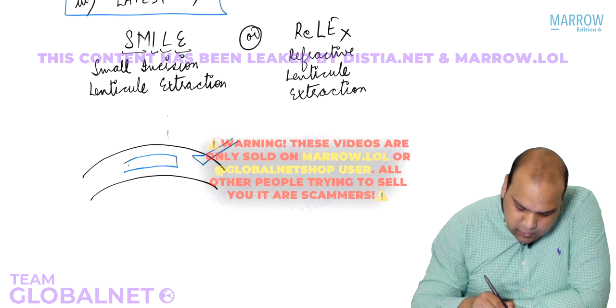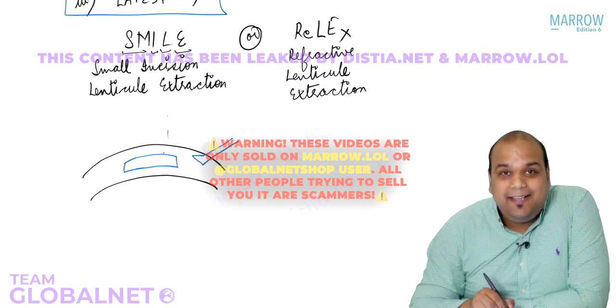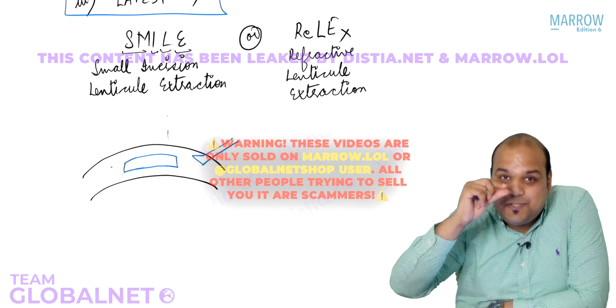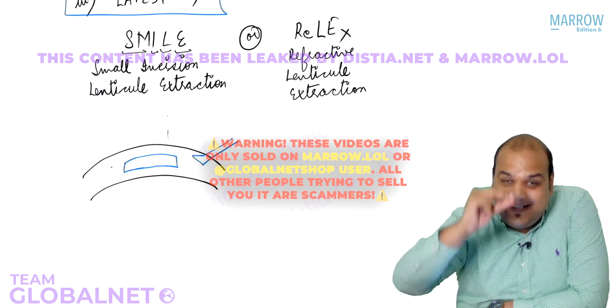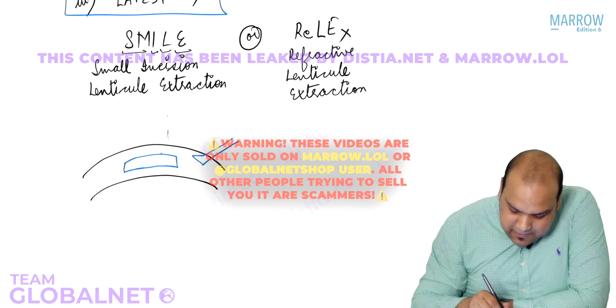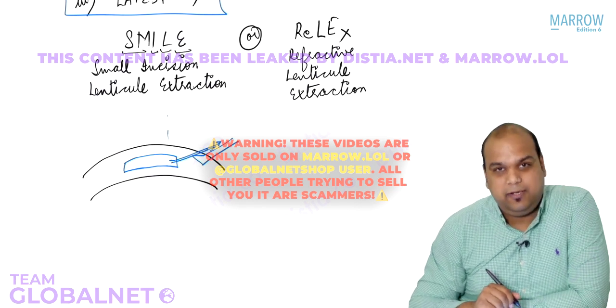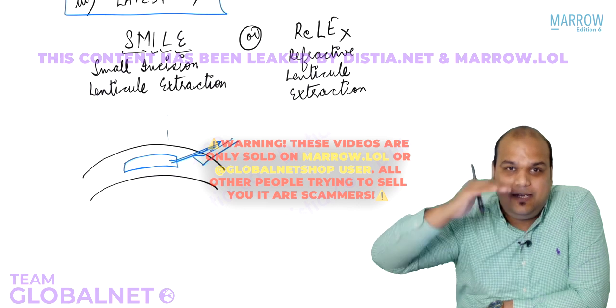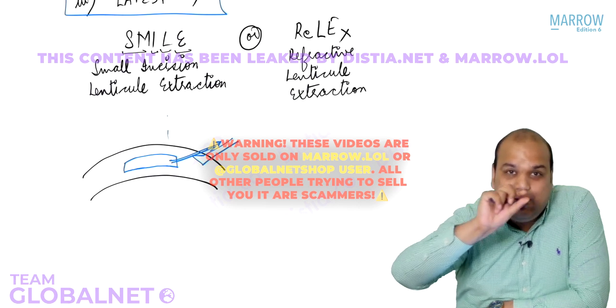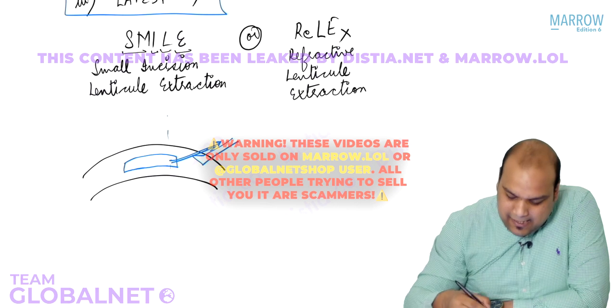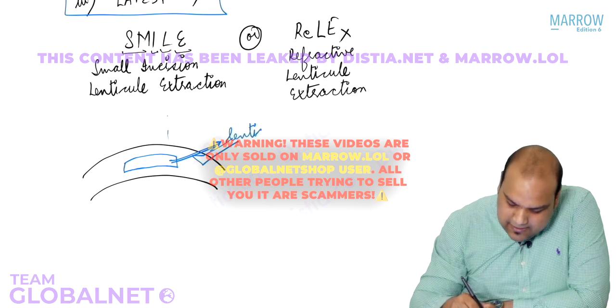I will join both these cuts. So what have I created? I have created a piece of stroma which I have cut in the center of the stroma. Then this piece of stroma, which is called the lenticule, is removed. You understand? So laser giving 1 cut, laser giving another cut, a lenticule, a button is created, and then this lenticule is removed.